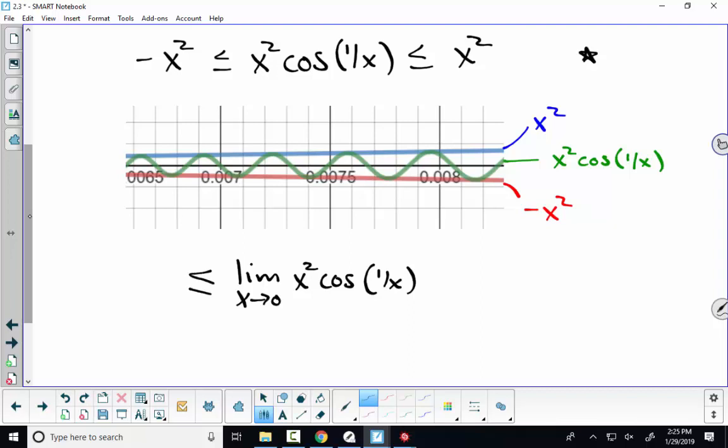If we know the function is bound between those two, then the limit is between the limits of negative x squared and positive x squared.